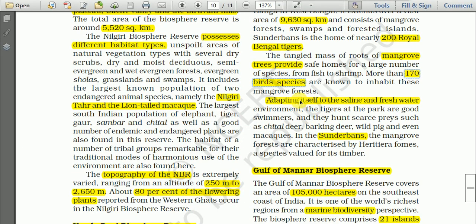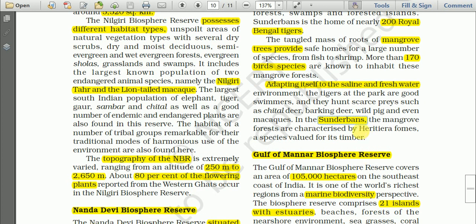Adapting itself to the saline and the freshwater environment, the tigers at the park are good swimmers. These Royal Bengal tigers are adapted to both saline water and the fresh water, and they hunt prey such as chital deer, barking deer, wild pig, even macaques also. In the Sundarbans, the mangrove forests are characterized by Heritiera fomes, a species valued for timber. This is a very good timber.